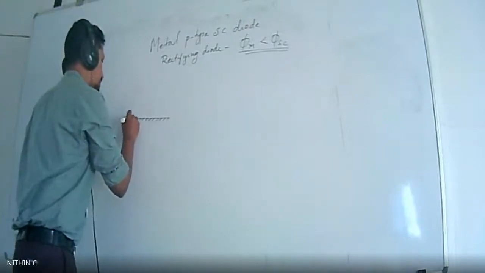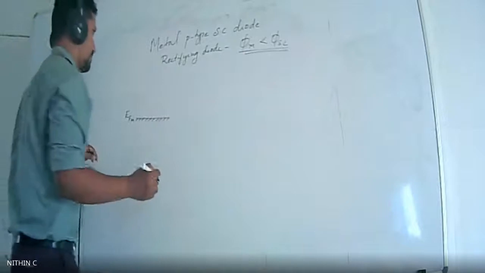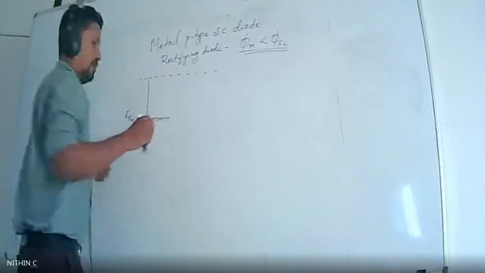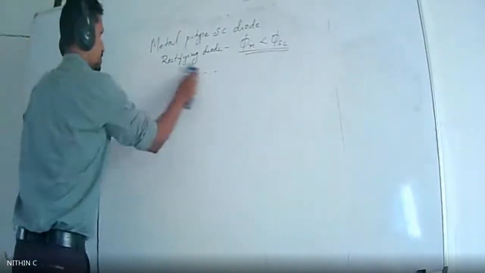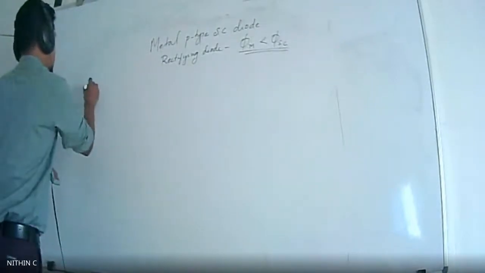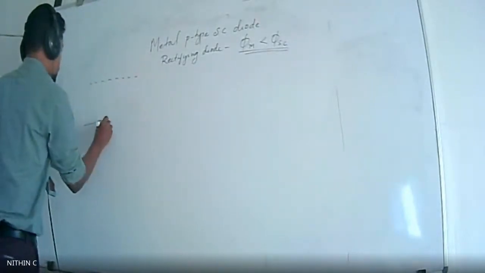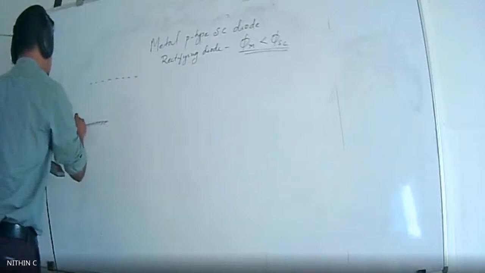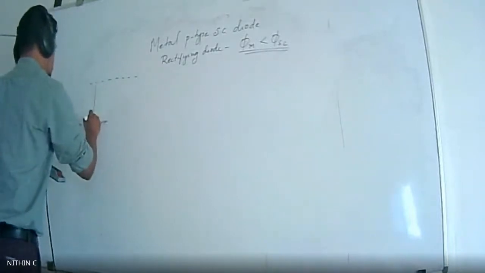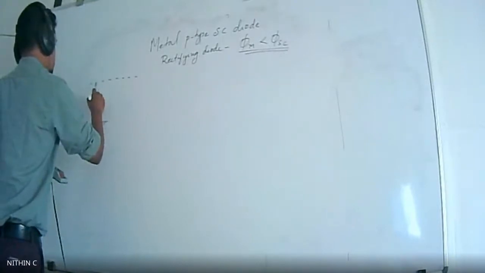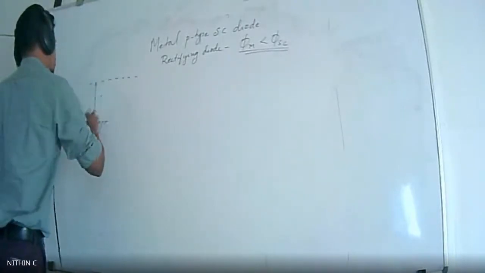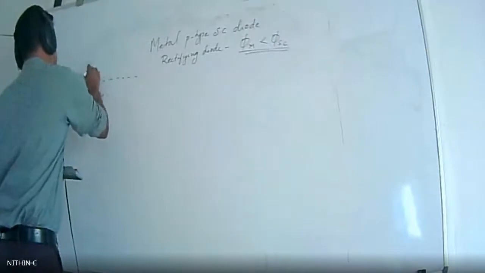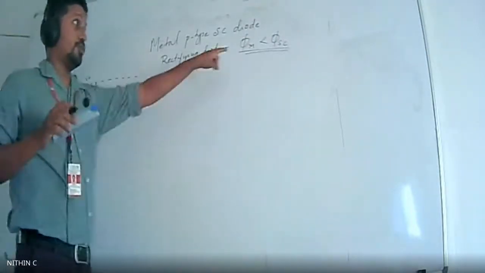This is EFM, that is the metal Fermi level. The condition has to be phi m less than phi s.